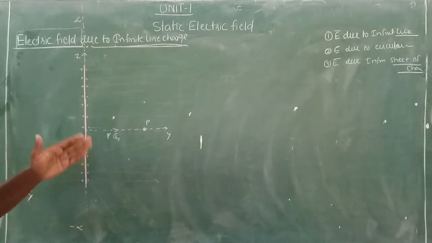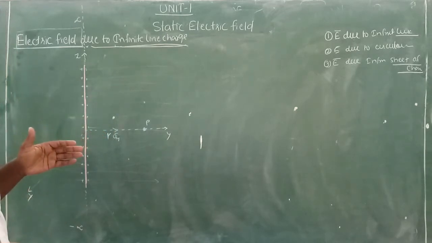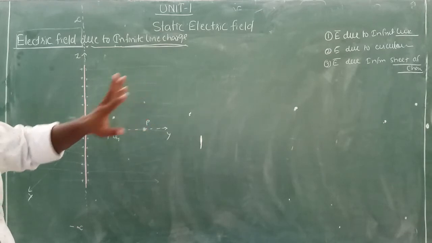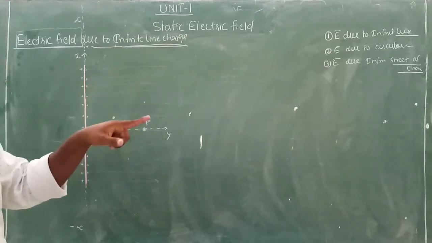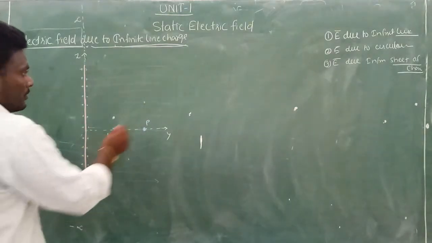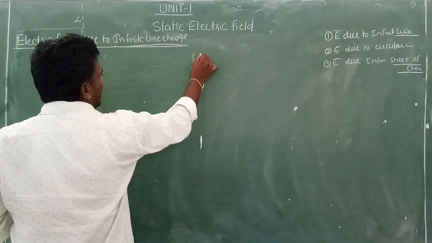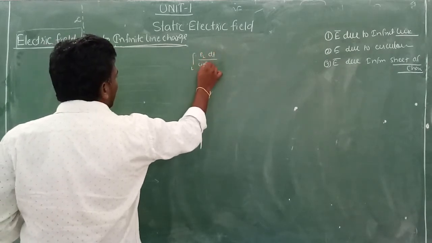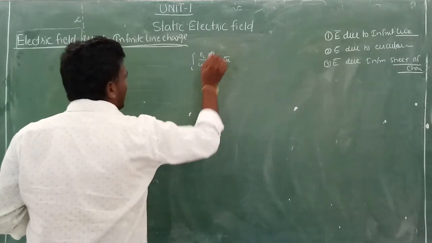First of all, we will recall that the expression for electric field due to point charge is q by 4 pi epsilon naught r square into ar bar. Whereas for the electric field intensity due to a line charge, it is a line integration, the expression we already studied in the previous lecture: line integration of rho L dl by 4 pi epsilon naught r square into ar bar.